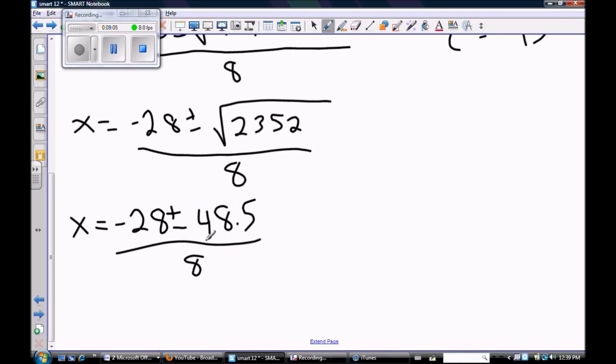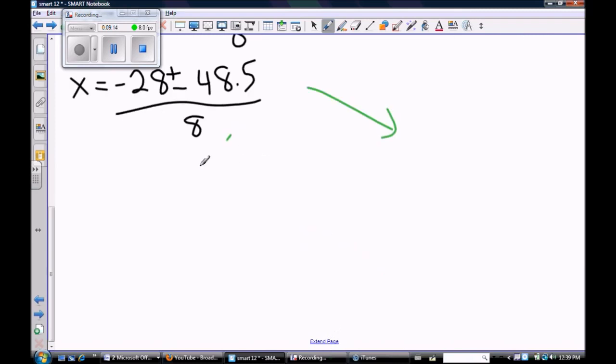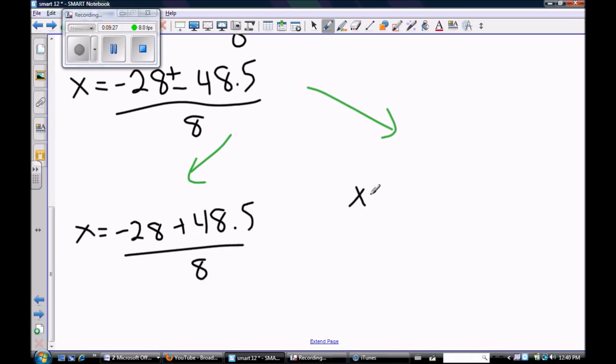At this point, the only thing left to do is to take the plus and minus and separate into two different answers. So we have x equals negative 28 plus 48.5 divided by 8, and x equals negative 28 minus 48.5 divided by 8.